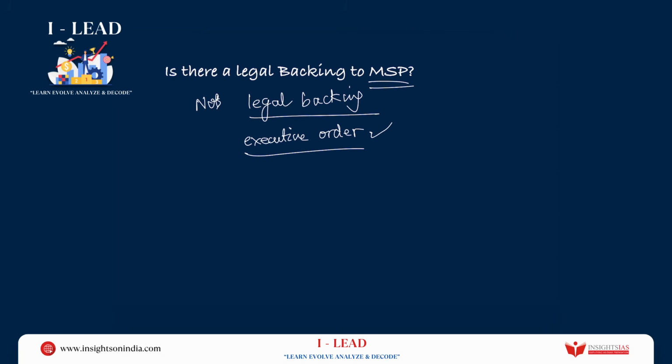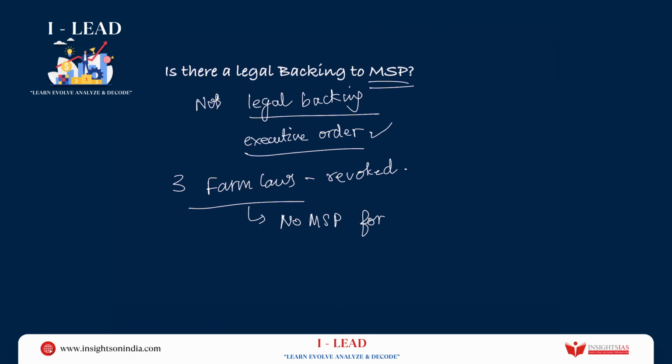You might be familiar with what happened with the farm laws. There were three farm laws which were introduced, and later, because of a lot of protests, they were revoked. One of the main reasons was that there was no mention of MSP for farmers.